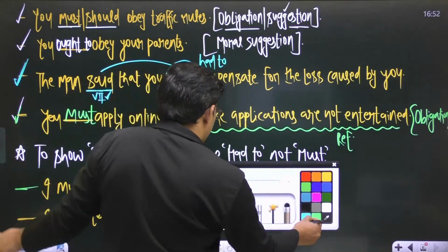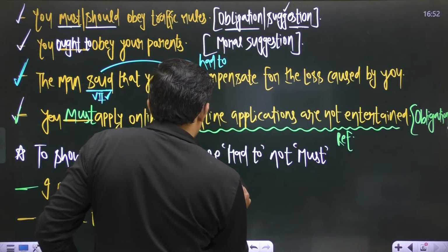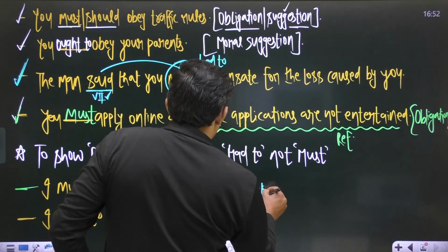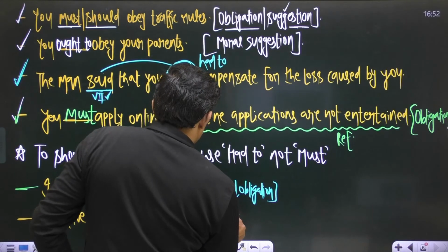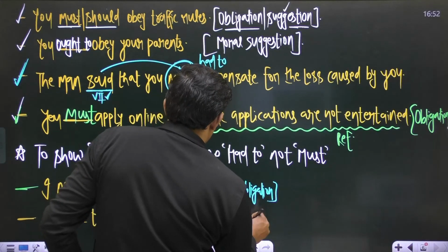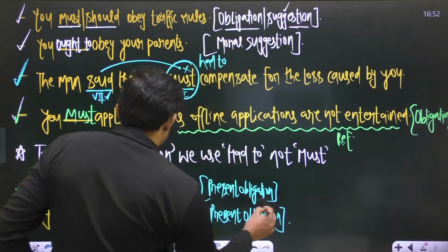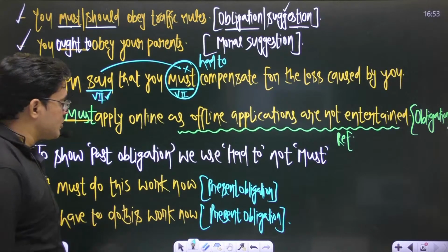In both the sentences, the first sentence is talking about present obligation, and this is also present obligation, right? To show present obligation, both are okay. I must do this work now, I have to do this work now.